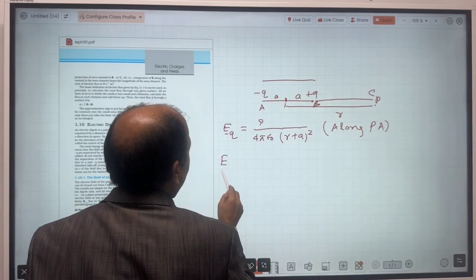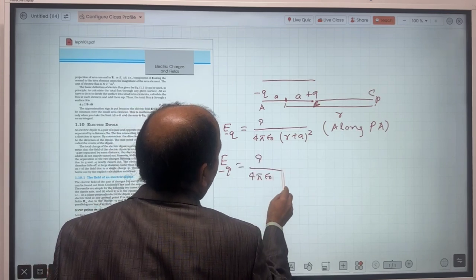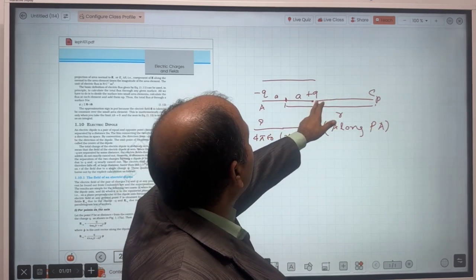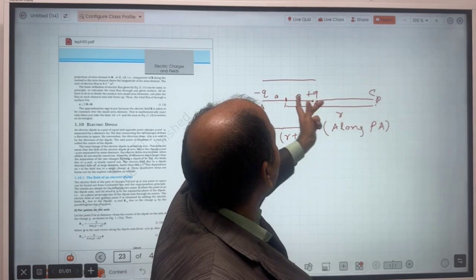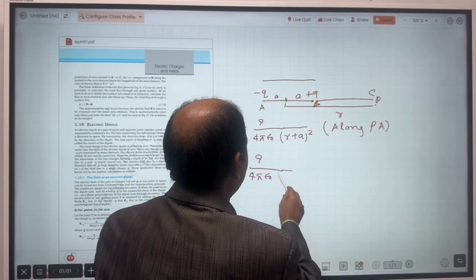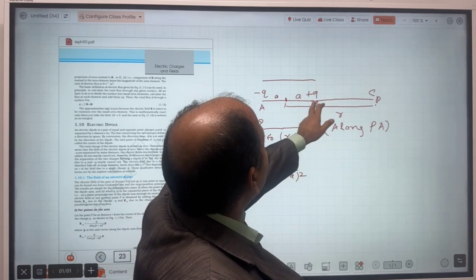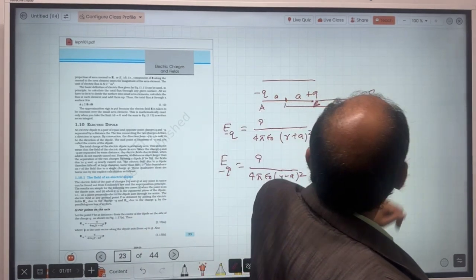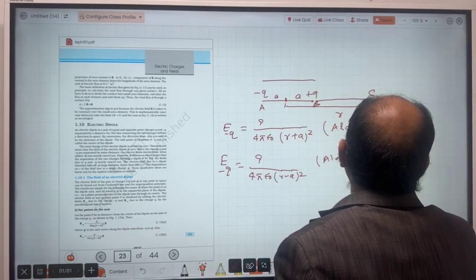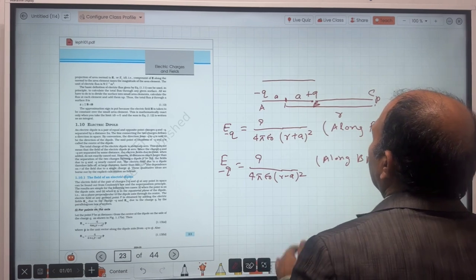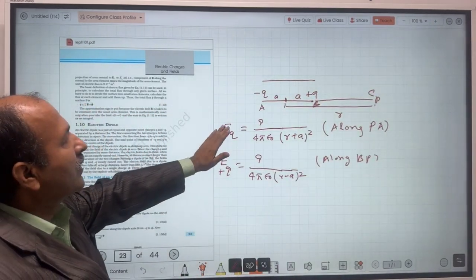Now E plus Q will be Q upon 4 pi epsilon naught, and the distance from here to here is R and this distance is A, so R minus A whole square. Since it is a positive charge, its direction will be along BP. Here, this is the field due to positive charge. This is the field due to negative charge.